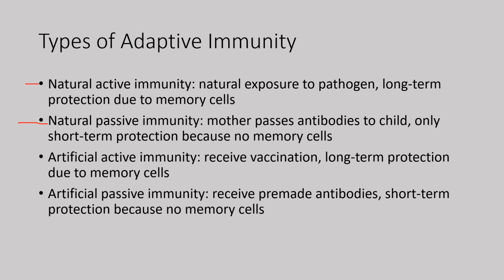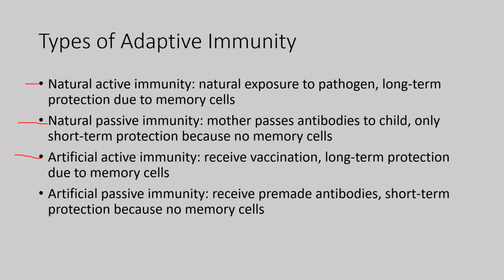This leads into artificial active immunity. This is when you receive a vaccine, when you're immunized against something. You are given, and we'll talk next about vaccines briefly, a shot that contains basically an epitope, a piece of the antigen that is going to trigger the immune response.